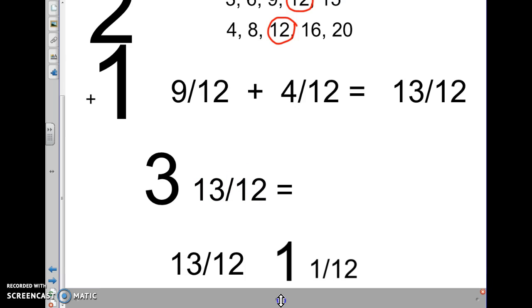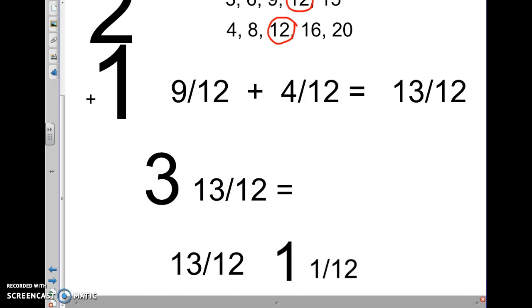13/12 is going to equal 1 and 1/12, right? Because it's going to be more than 1. 12/12 is 1 whole, and then we'd have 1/12 left over. 12/12 plus 1/12 equals 13/12. So that means this part is 1 and 1/12.